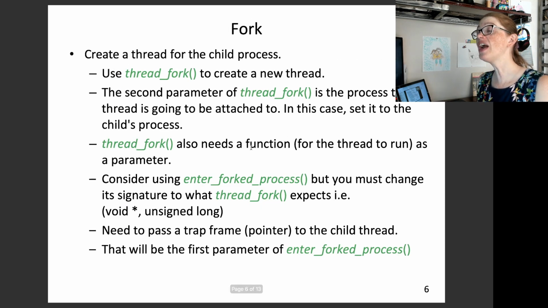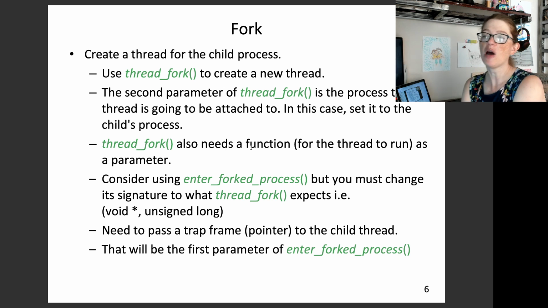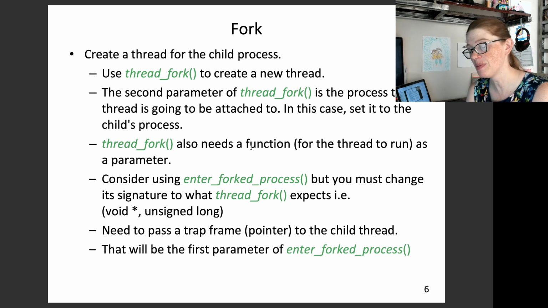Now, this is quite possibly the hardest part of fork, and that is giving the new process a thread. So you're going to create a thread, you need to call thread fork. But you want to attach this new thread to your new process, not to the parent process.